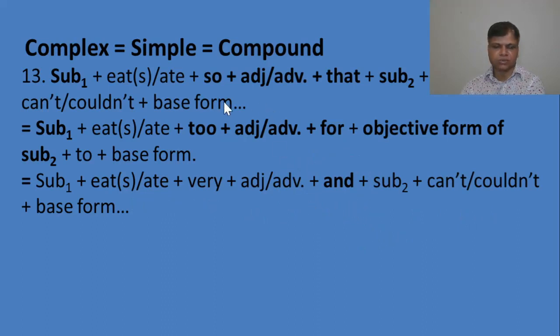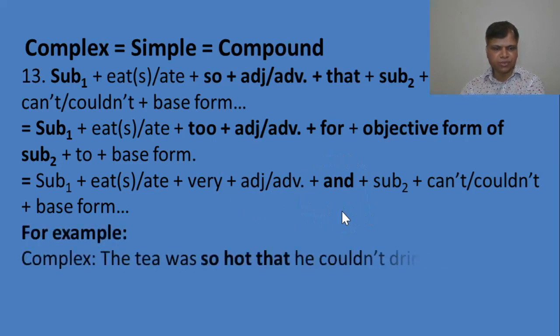So look at the rubric. Adjective or adverb, that we have to use too, adjective, adverb, for, objective form of subject to, and to base form. If you want to make it a compound sentence, we have to join two clauses by and, a coordinating conjunction.